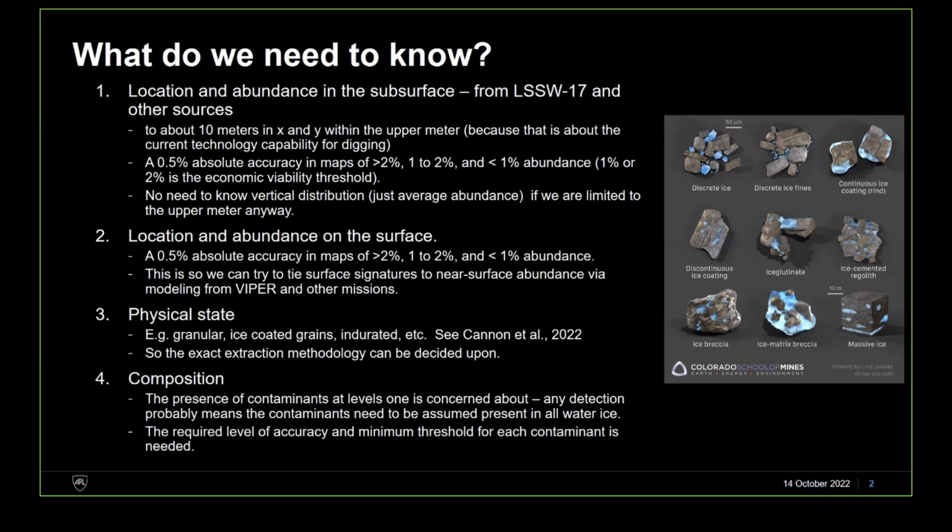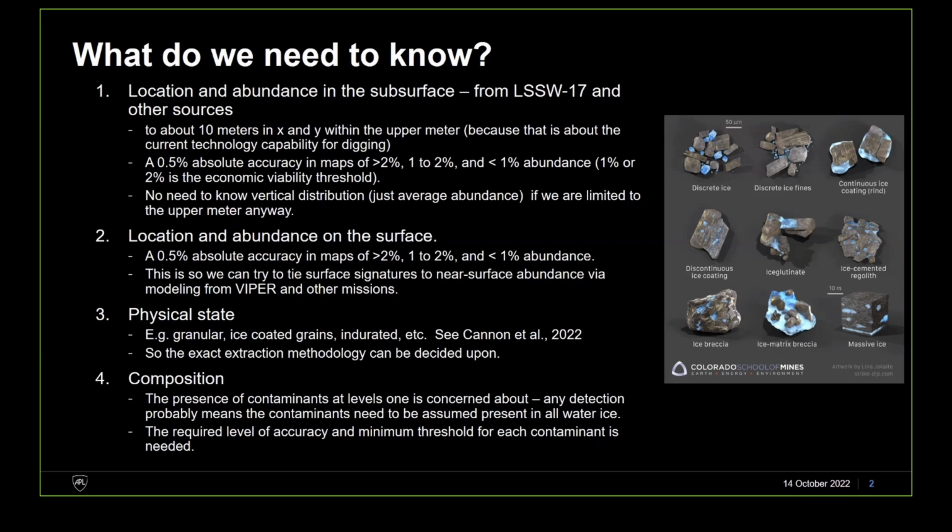The upper meter is what I think we need to limit to, because that is what the current technology is being developed to extract. While we may have deep water ice, if it's not extractable, then it's not a useful reserve. Economically viable amounts are a couple percent, a few percent level, which means, like Laz said, we need accuracy of about 1, or I put 0.5%, fine.